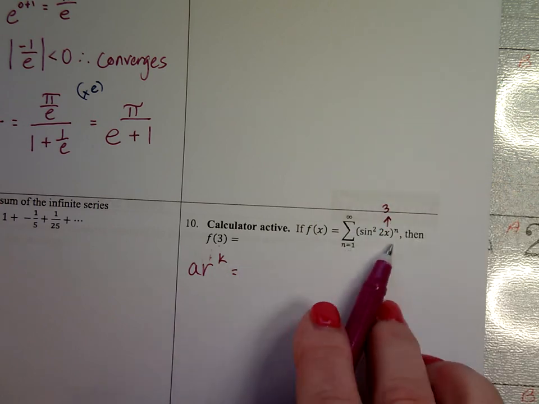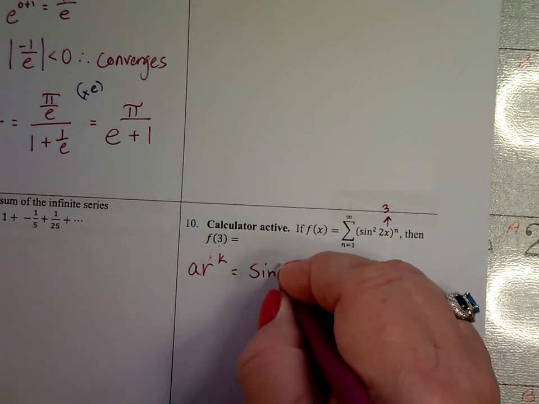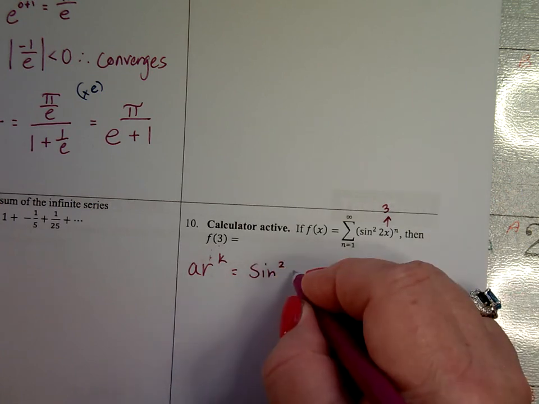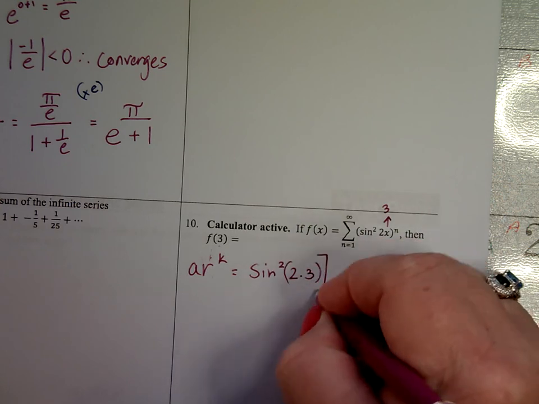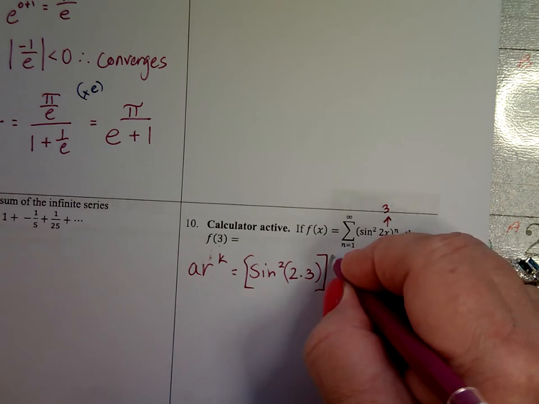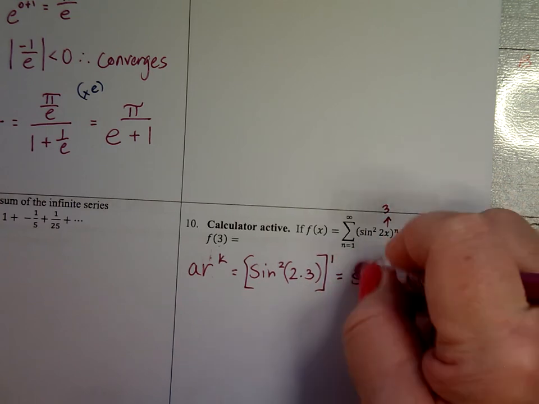So it's going to look like this. I will have the sine squared of 2 times 3. I'll leave it this way now. And I'm raising that to the first power. So in other words, I want to know what's the sine squared of 6.